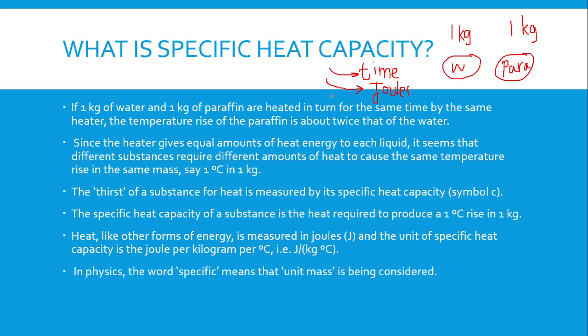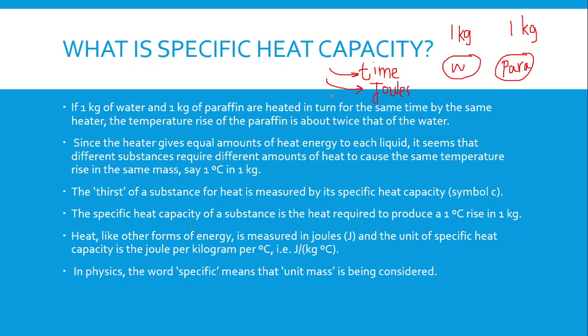If we keep the temperature rise the same and talk about the amount of heat transfer, then we can also say that it tells us how different materials or different substances require different amounts of heat for them to have the same temperature rise. Let it be 1 degree Celsius increase in temperature for the same mass, 1 kg.